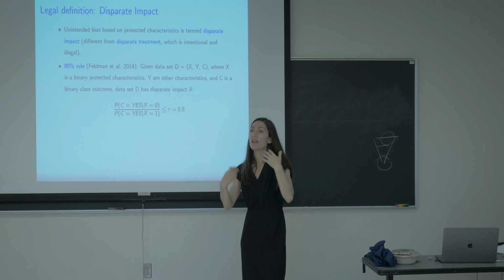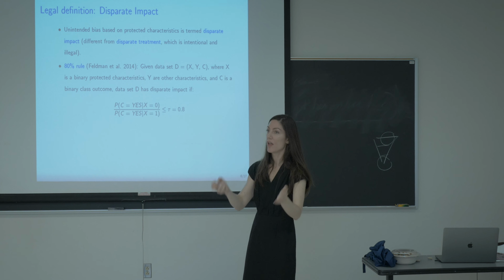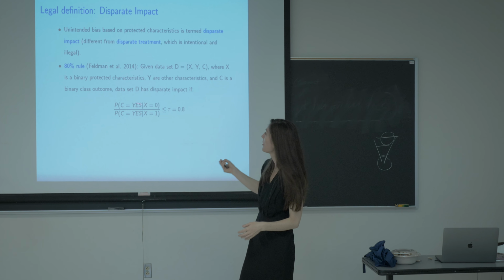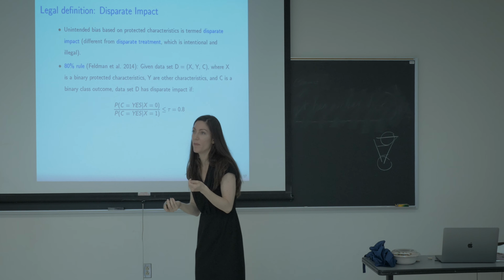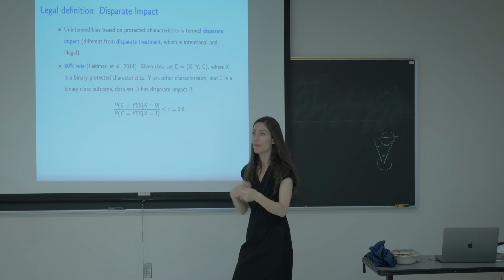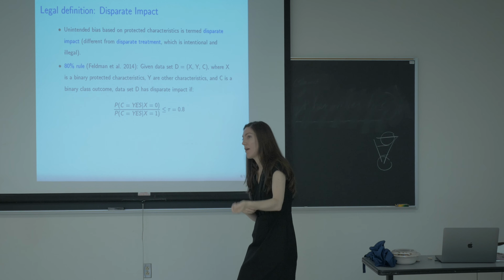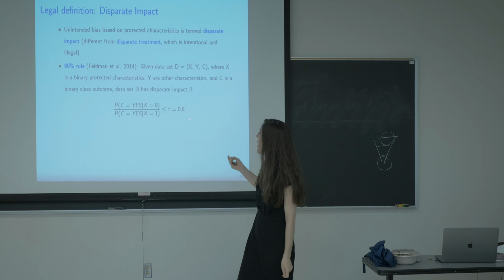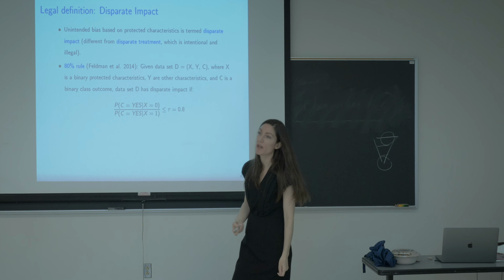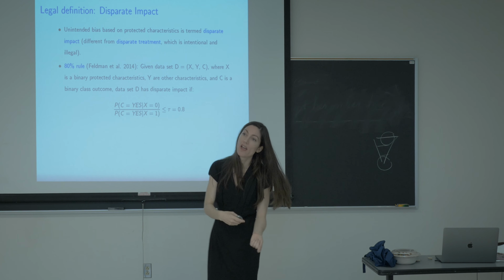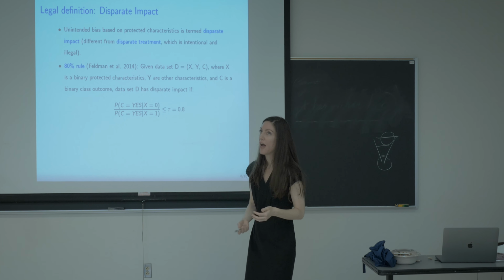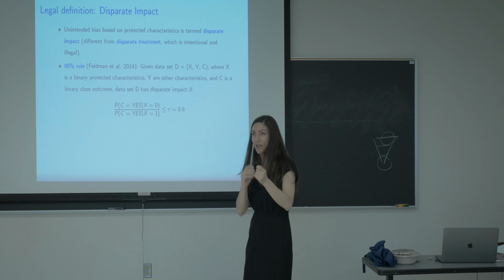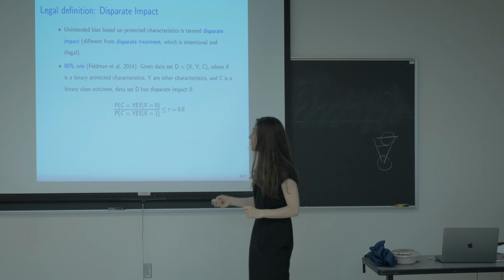So we train the algorithm on a data set that includes all the information, X, Y, and C. And just to make things simple, we're going to be talking about an X that is binary, say male or female, and we're also going to be talking about a binary class outcome. Was the person hired or not hired? If the person wrote a letter, was a response given or not given? Was parole granted or not granted? So we're going to talk about yes/no decisions.